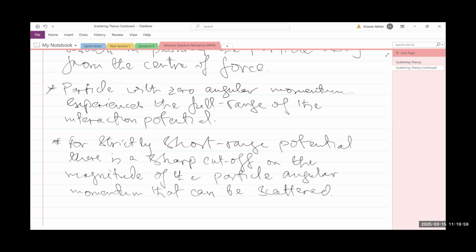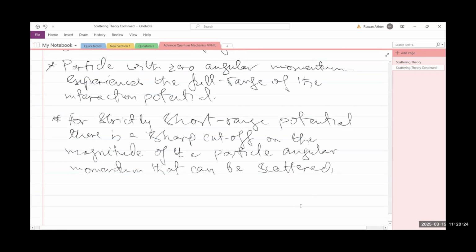So for a repulsive potential, theta would be pi, and this would represent a reflection in the backward direction. Both these cases, theta equals 0 and theta equals pi, correspond to b tends to 0, that is, the impact parameter is 0. So there are two limiting cases.